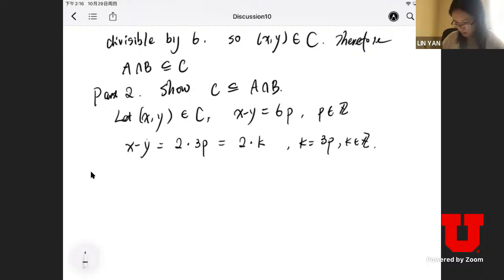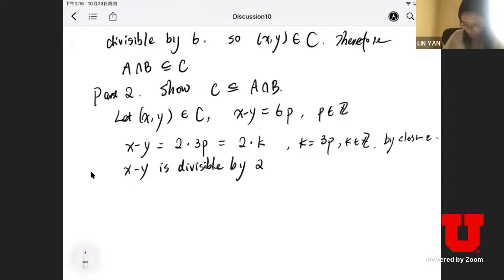This is by the closure property of integers. So x minus y is divisible by 2. So xy is also an element of A.